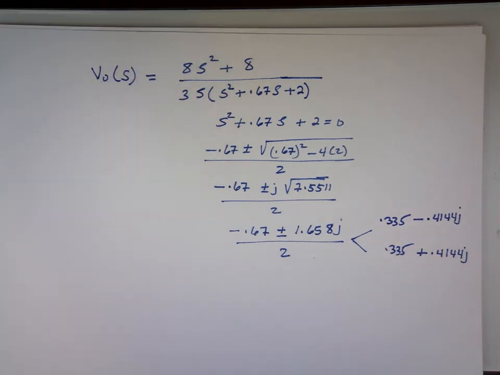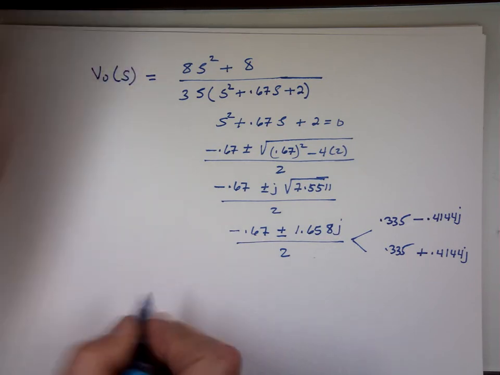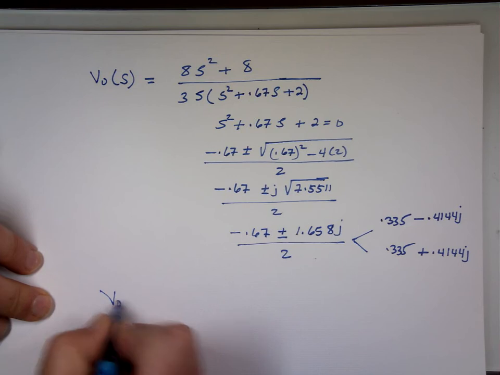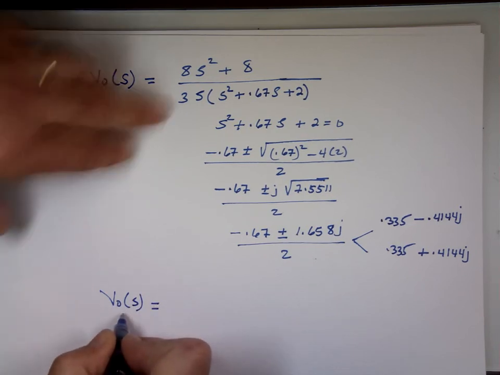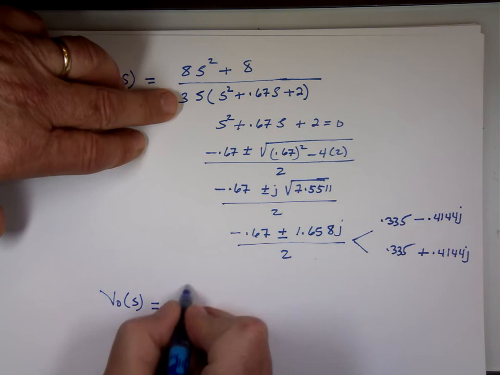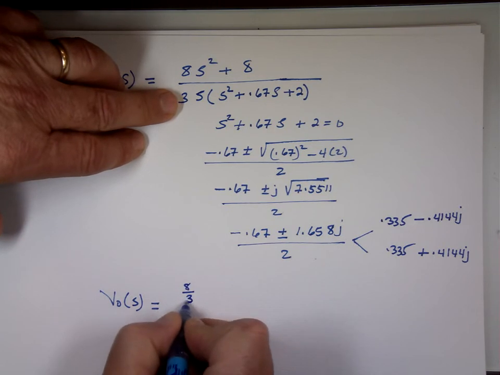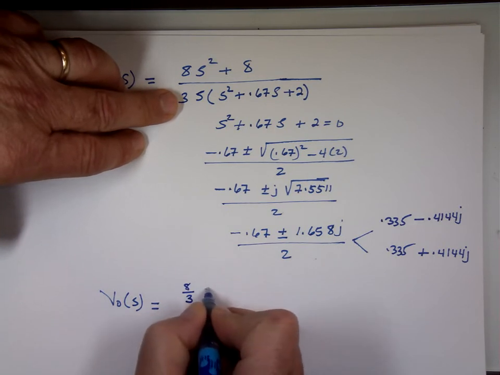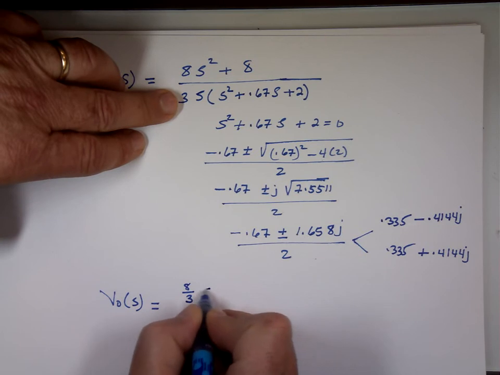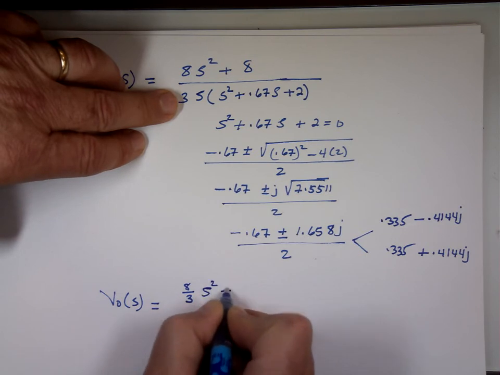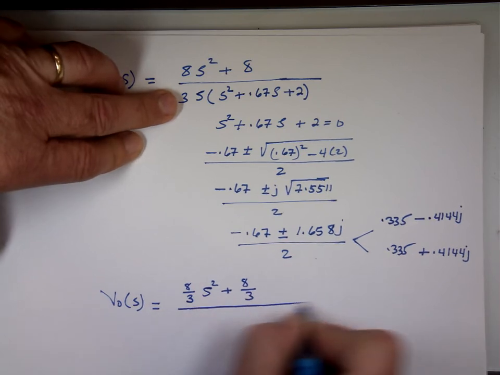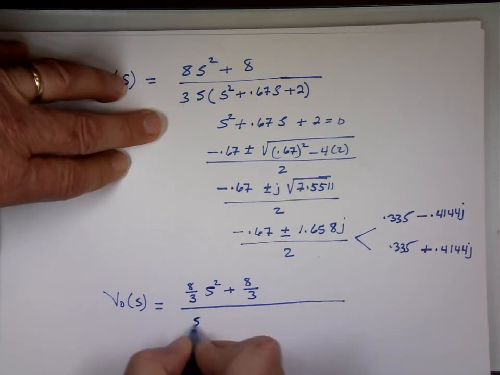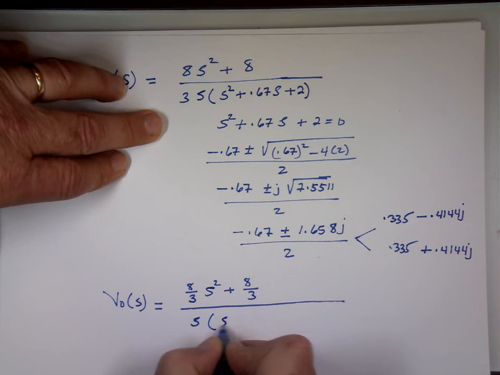So now I can write V out as a function of S as, bless you, I can make that 8 over 3 on the top. S squared plus 8 over 3. I'm dividing by 3 to get rid of the 3 in the bottom. I don't like it in the bottom. In the bottom, S times, this will be S minus, oh, that was a minus here, right?